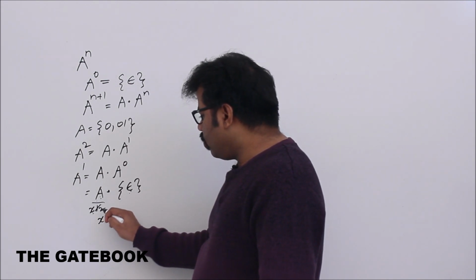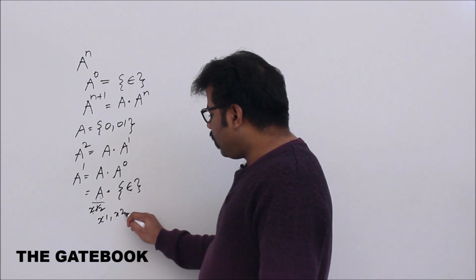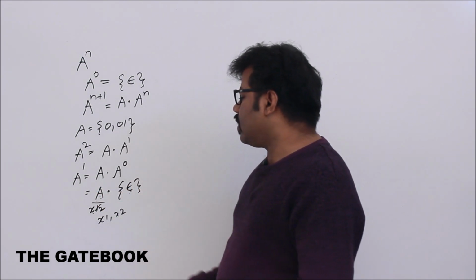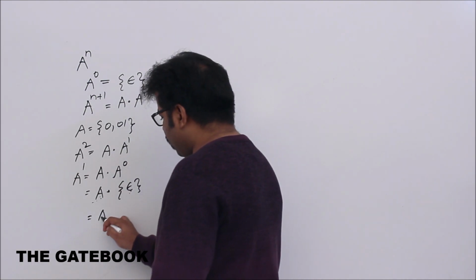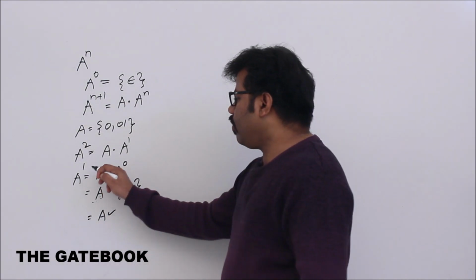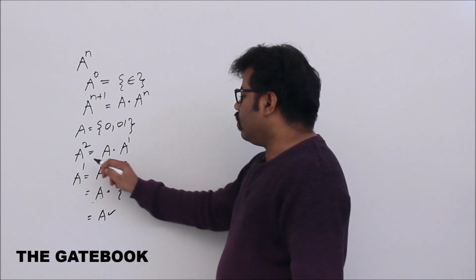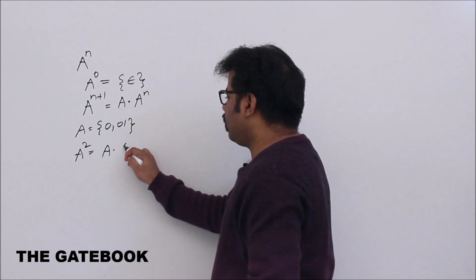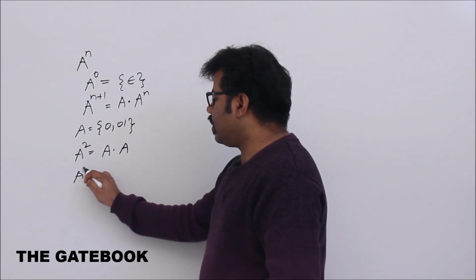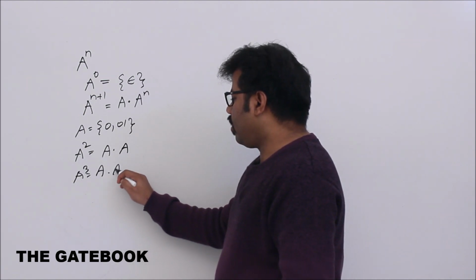Similarly, if you have x2, then you get x2 back. So you get only those elements which are in A. That's why A dot epsilon is A, correct? So what I want to say is A power 1 is actually A. So A squared is A dot A power 1, which is A dot A. Similarly, A cubed you realize as A dot A dot A.